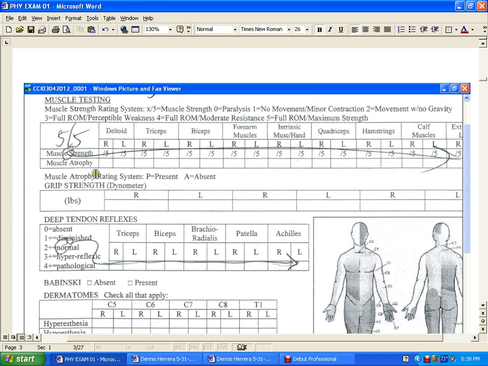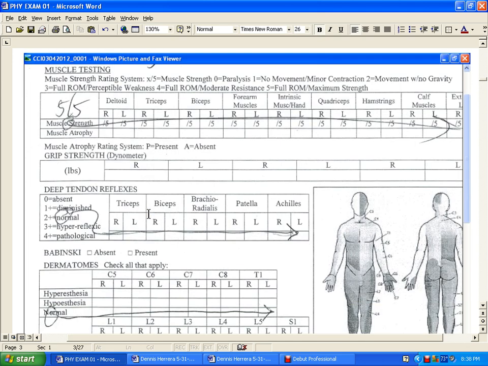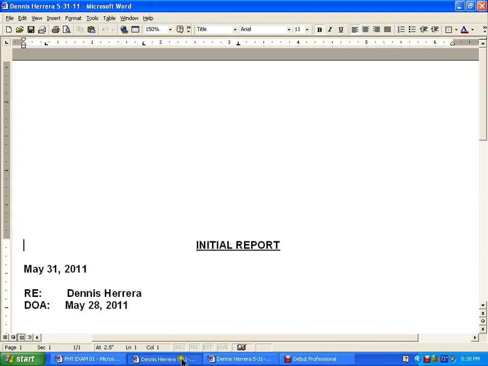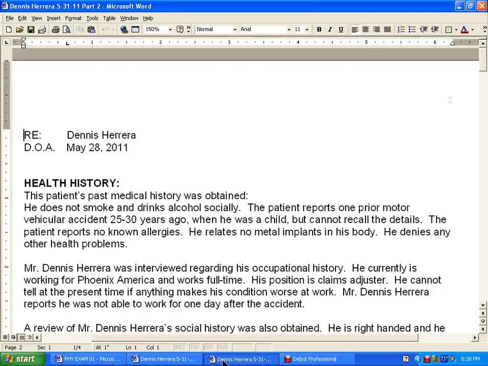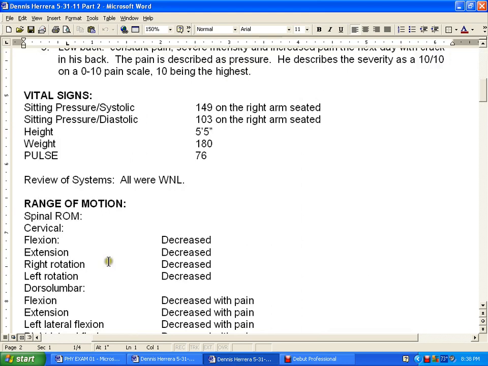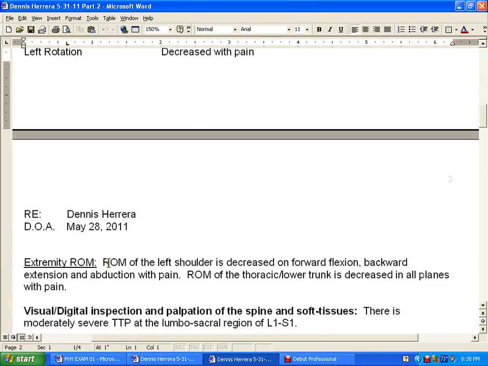Now, we're going to talk about the muscle testing. Now, if it's the case as is on the screen, then you would type in the following. Okay, let's go down to the muscle testing.